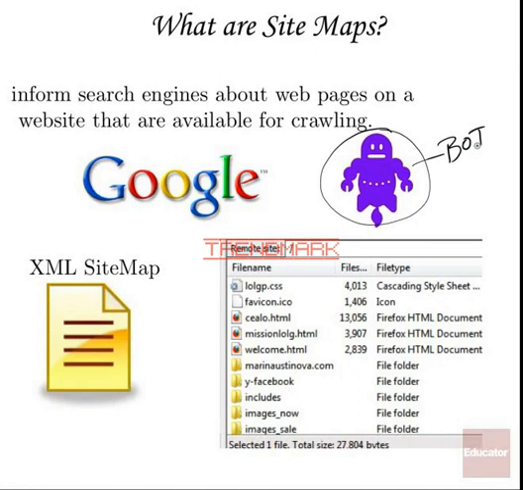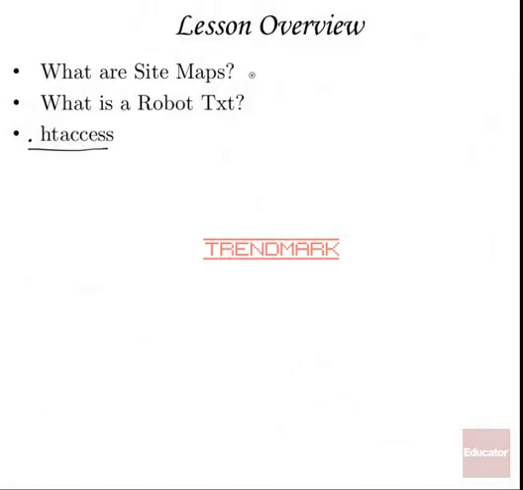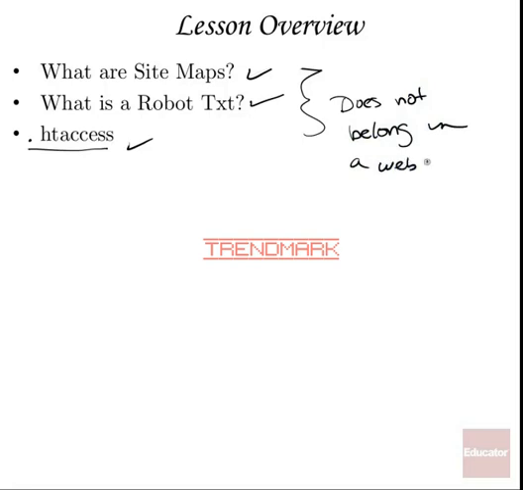Now, sitemaps, and I'm going to go to the previous slide over here. Sitemaps and Robot.txt and htaccess do not belong in a web page. This has more to do with the server. Okay? Has more to do with the directory of your website.